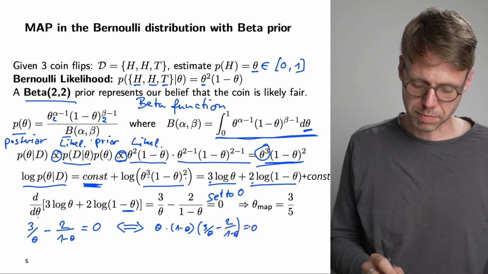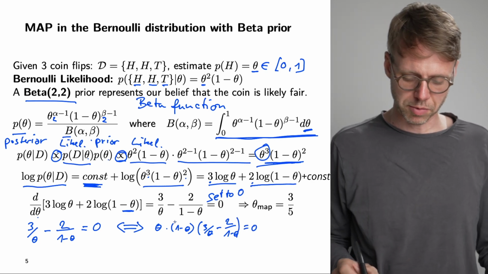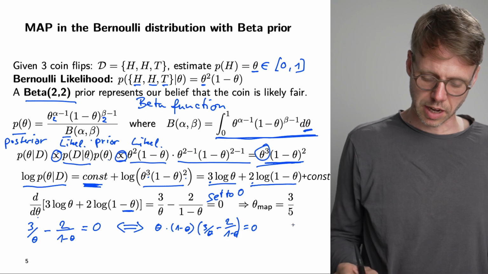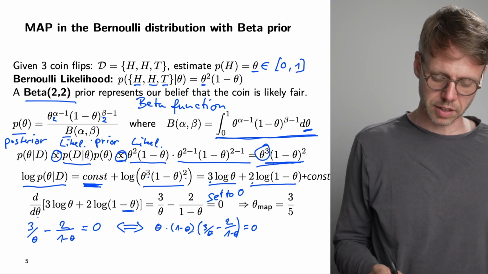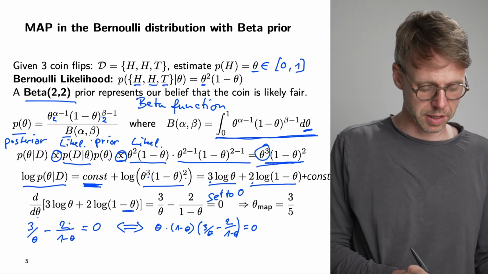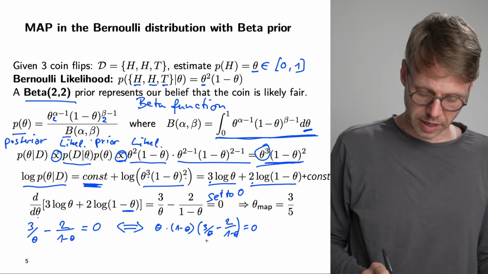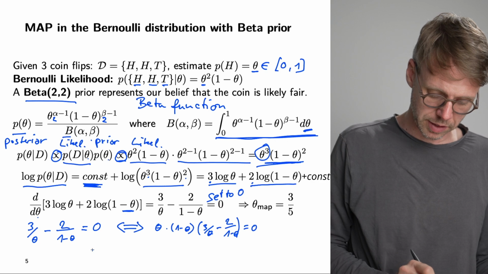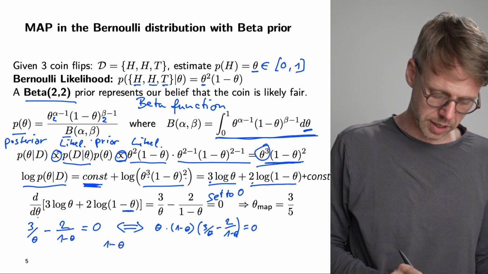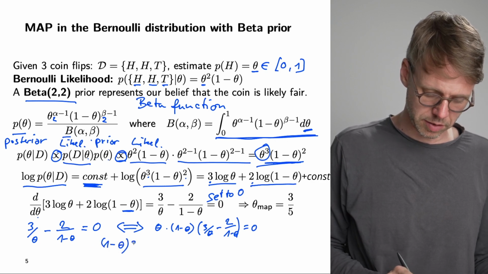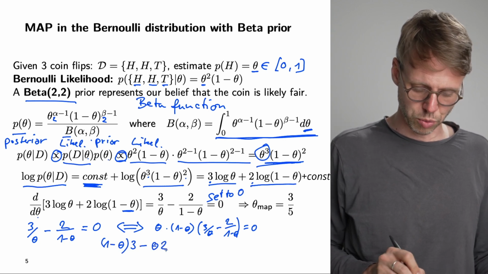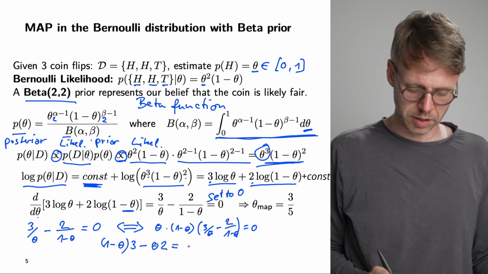The right side still stays 0 from this multiplication. And we have to, of course, be careful that theta shouldn't be equal to 0 or 1. Otherwise, this wouldn't work here. And then the left part becomes 1 minus theta times 3 minus theta times 2 equals 0.